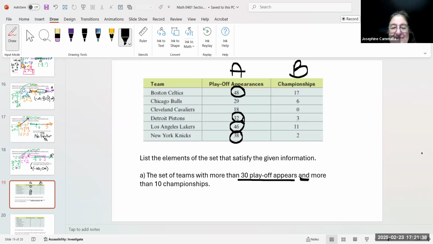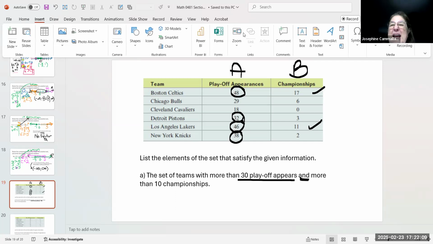And more than 10 championships. Well, who has more than 10 championships? Well, the Celtics, the Lakers. And what's in common between the circles and the checks?